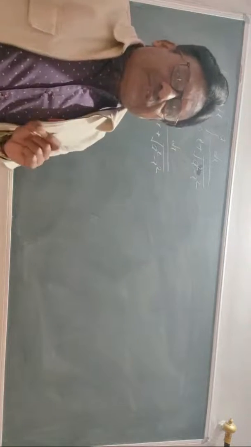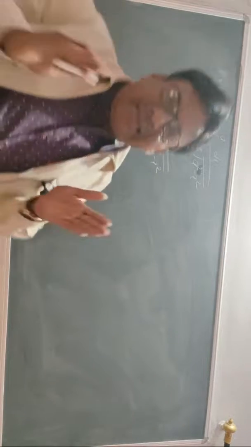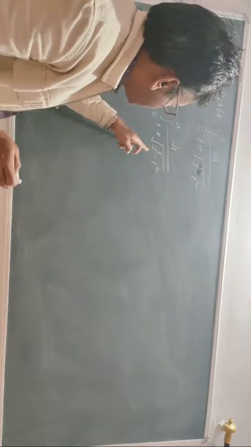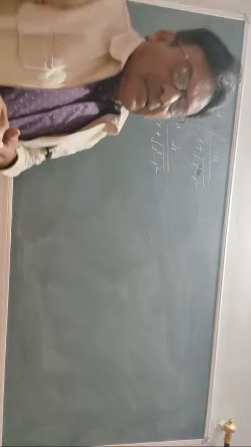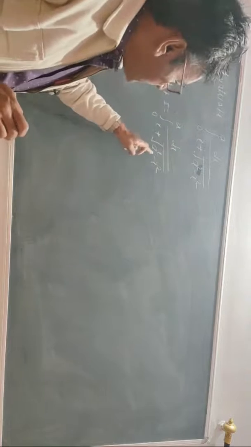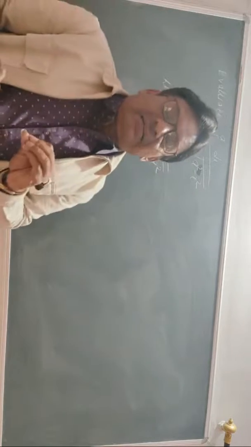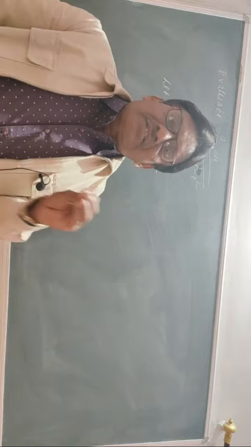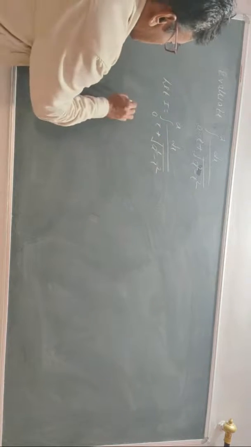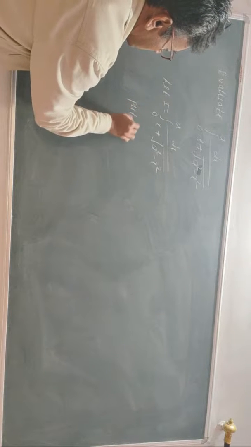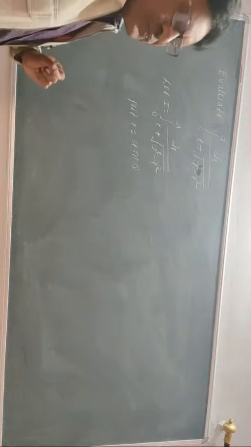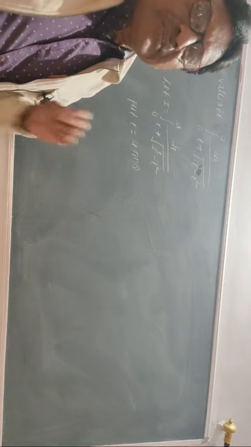Here the expression is under root a square minus x square, and we know that if the expression under root a square minus x square is present, then we put x equals a sine theta. So we put here x equals a sine theta.